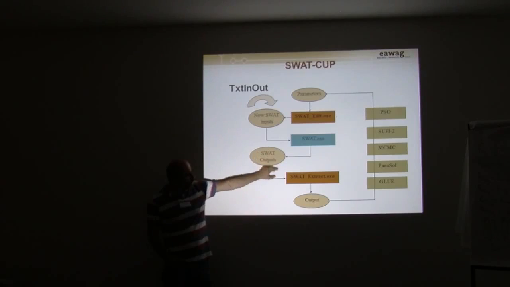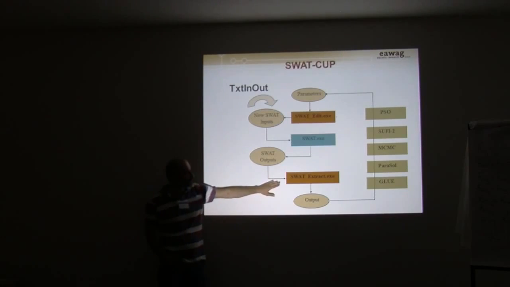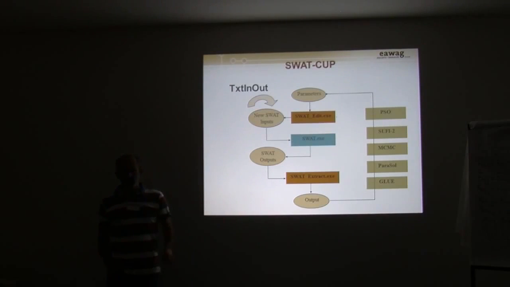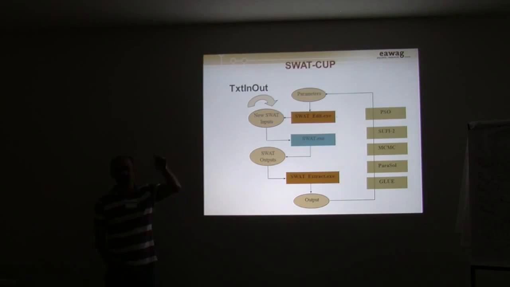You've probably seen the SWAT outputs. Everything is in there. It's not easy to read these outputs, or sometimes even to open the files. You need some kind of extract program that can extract from these outputs exactly what you want. You may have observations all over the place, missing data and a lot of things.